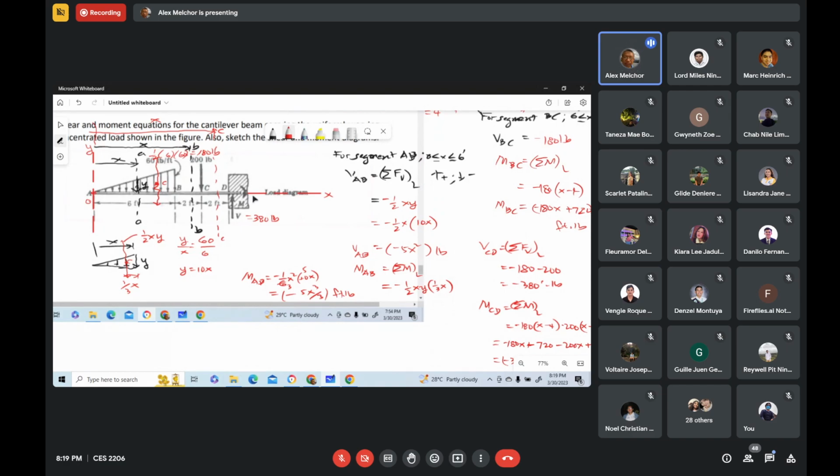And what is the magnitude of the moment? To solve for the magnitude of the moment, take moments about D equal to 0. So I just write it here. Summing up moments about D equal to 0, or the moment at D is equal to the sum of the moments of these forces.